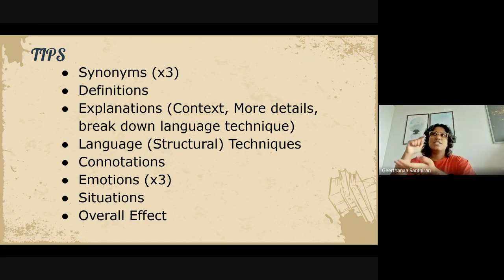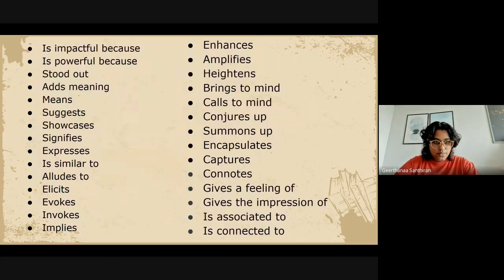Instead of just writing happy, I want you to write happy, joyful, cheerful. I think it bulks up your answer. It makes it seem like you know more of the word, like how special the word is. So if you need a number, I would say go for 3 synonyms and 3 emotions. I'll tell you how I do that in a second when we look at an example question.